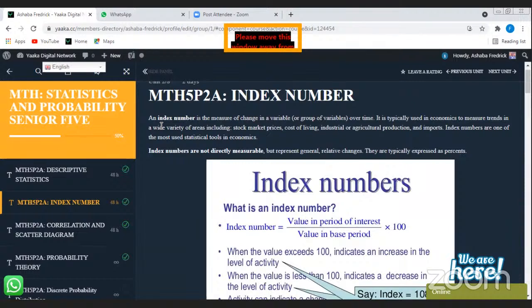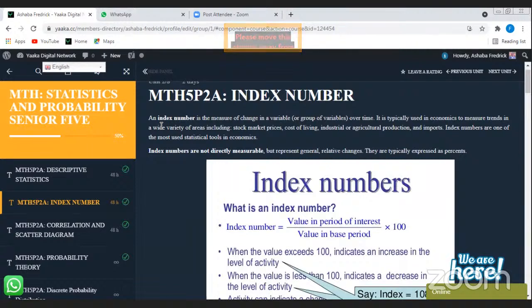For example, we look at prices of foodstuffs over time, from 2018 to 2019, then 2019 to 2020. So it measures relative changes in variables, and in most cases we use it to tell the standard of living, the cost of living. And when we go into more detail of economics, it is able to tell the stock market prices, the industrial and agricultural production and imports. And we express them as a percentage.